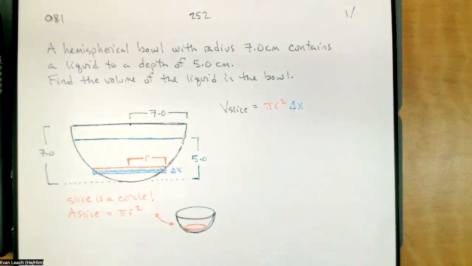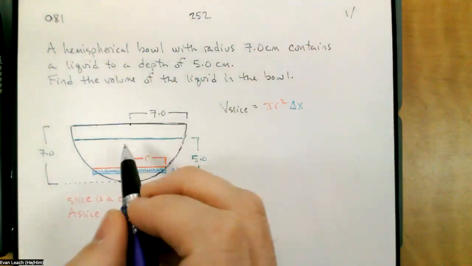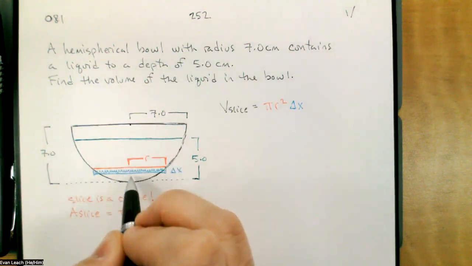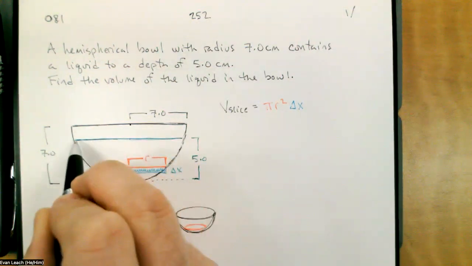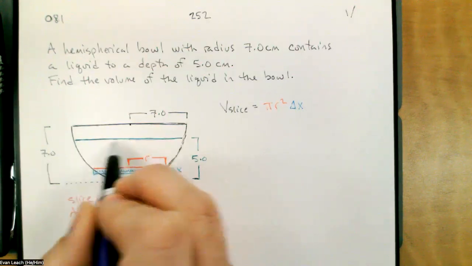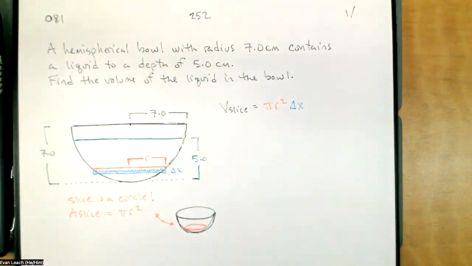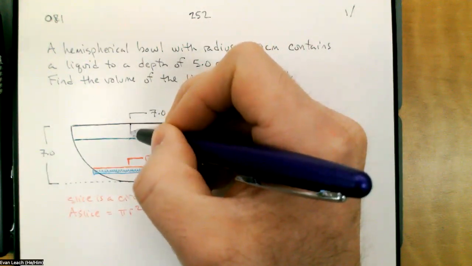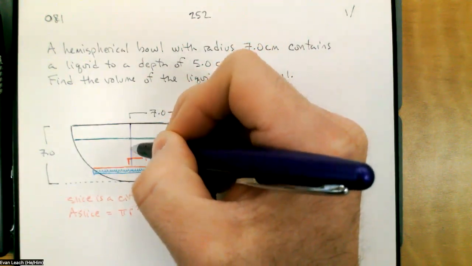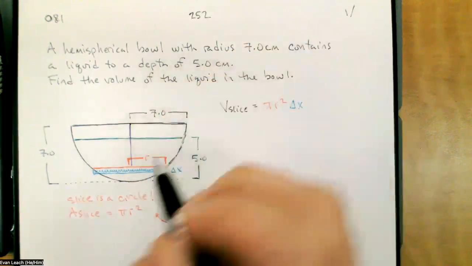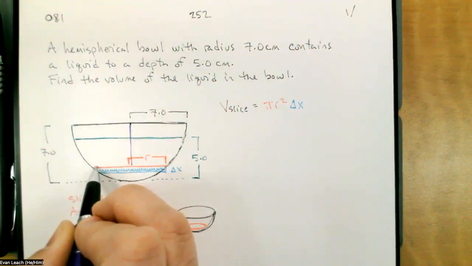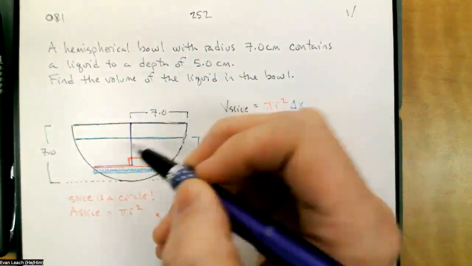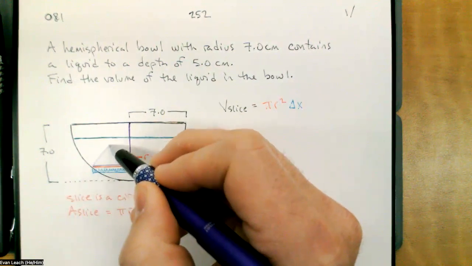So although the water here has a depth of 5, we do not necessarily have a radius of 5. It's not 5 going all the way around. If we want to use a right triangle to get a relationship between our vertical and our horizontal, we have to go from the center of a circle, not the surface of the water.